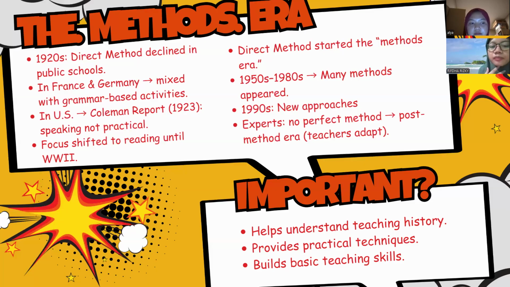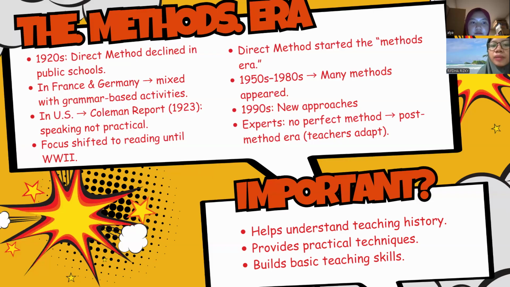And then the focus shifted to reading until World War II. As a result, the main goal of language learning in the US, which started from oral communication such as speaking and listening, became reading. And this focus stayed until World War II.